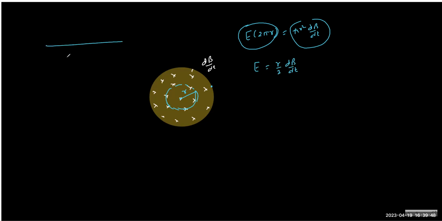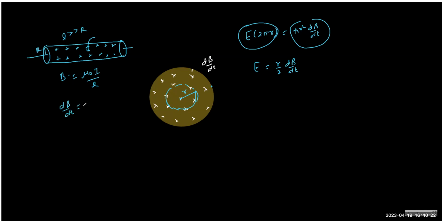For a rotating cylinder, if you go back to the magnetism chapter, I have derived this formula. It will create the B inside, right? Only if it is like a solenoid. And this B will be mu naught I by L, if you remember. This we have derived. As the cylinder rotates, the B will change, and so E will be induced.